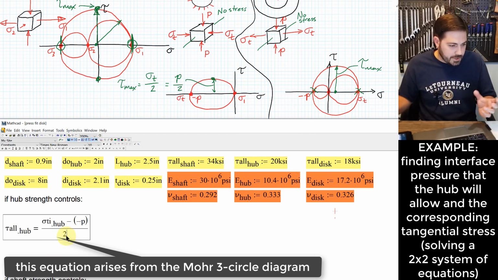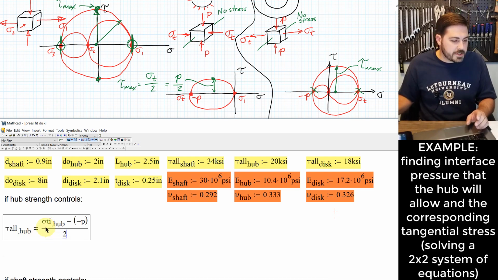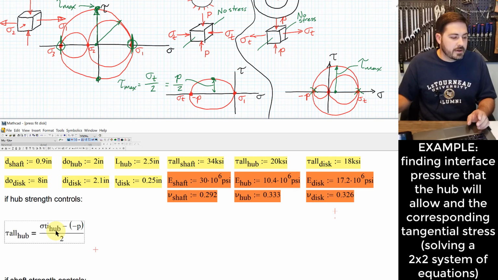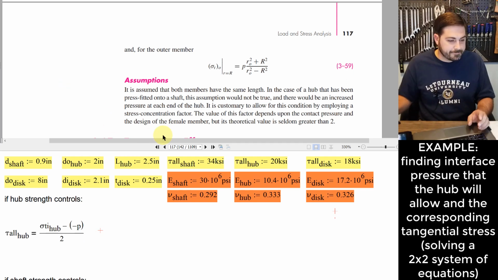When it's divided by 2, it gives me that maximum shearing stress, and I'm setting it equal to my allowable shearing stress. So this is one of my equations, but you'll notice here I don't know sigma ti and I don't know p. So what I want to do here is come up with a second equation that allows me to relate those two, and that second equation comes from here.